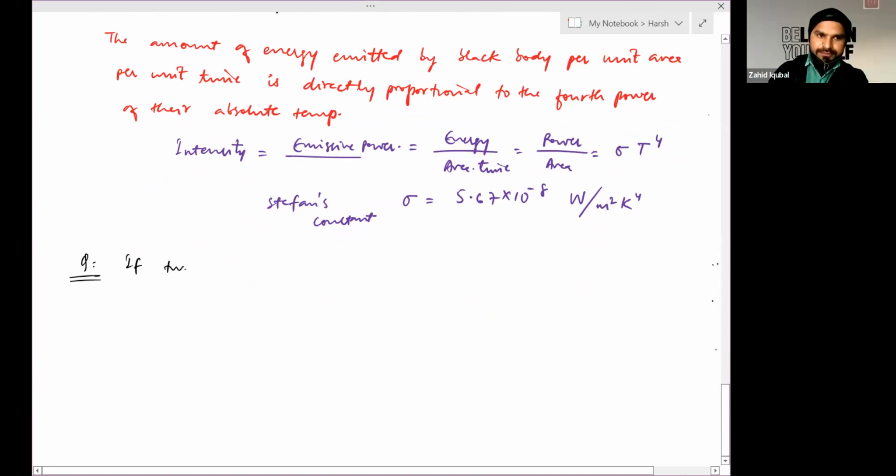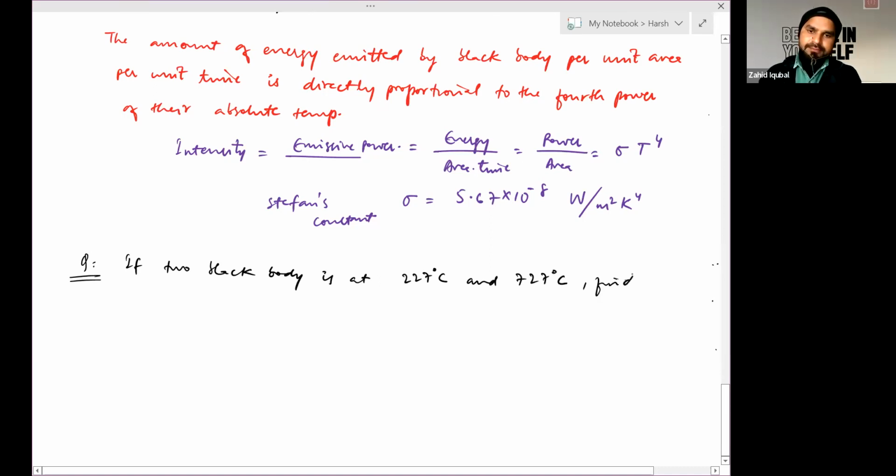If the black body is at 227 degrees Celsius and 727 degrees Celsius, find the ratio of emissive power.